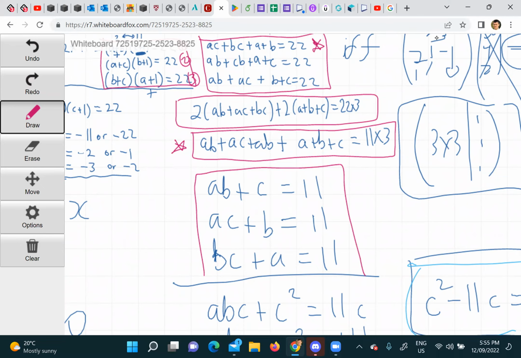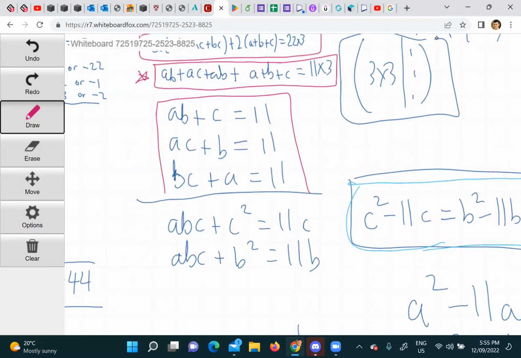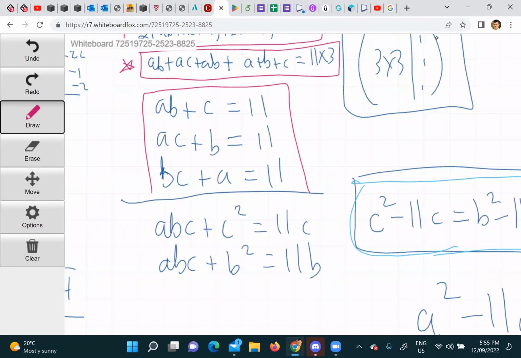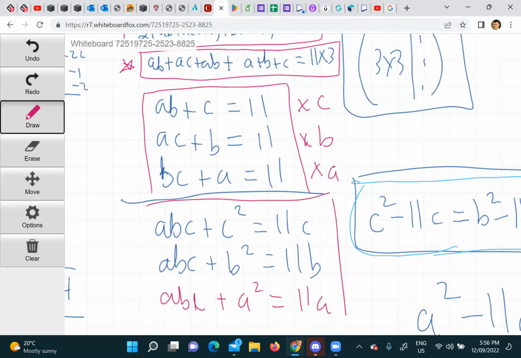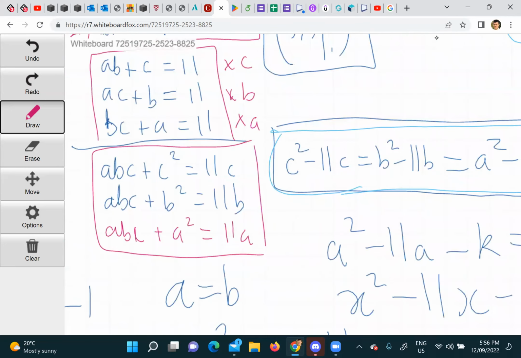And then if you times the first one by C, this one by B, and this one by A, then you get these 3 equations.